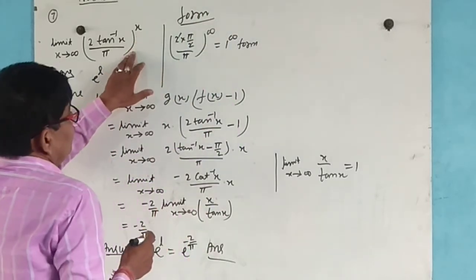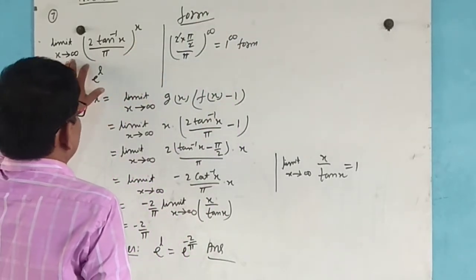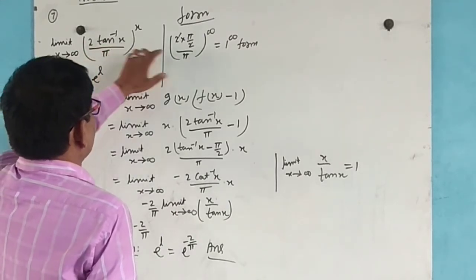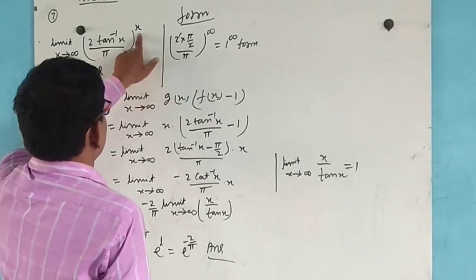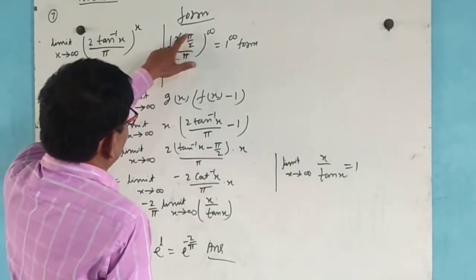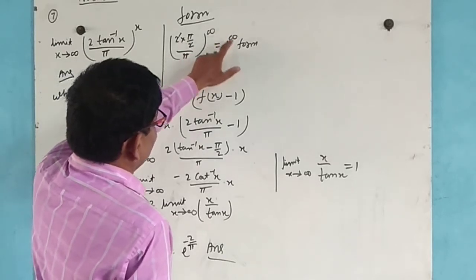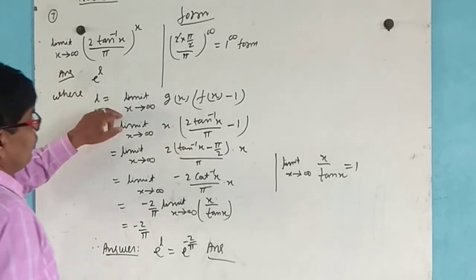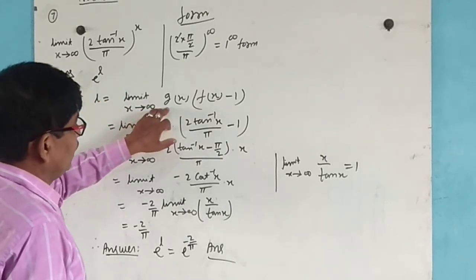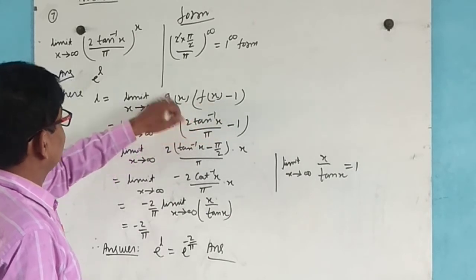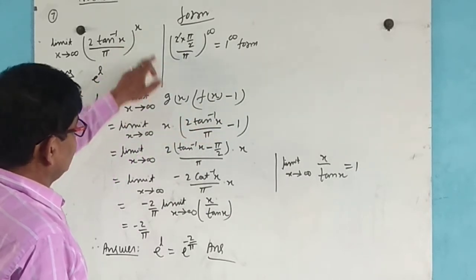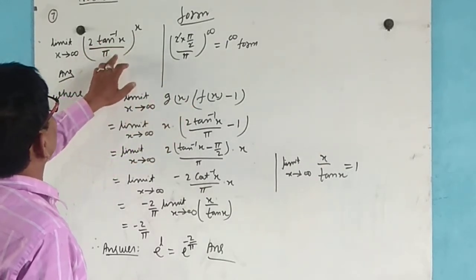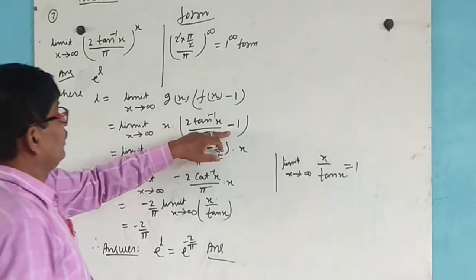Here x is equal to infinity, tan inverse infinity equal to pi by 2, divided by pi, and the power is infinity. 2 to remove. Here it is the 1 to the power infinity form. Now the answer will be e to the power L, where L is equal to limit x tends to infinity g(x) into f(x) minus 1, where g(x) is equal to x and f(x) is tan inverse x by pi.